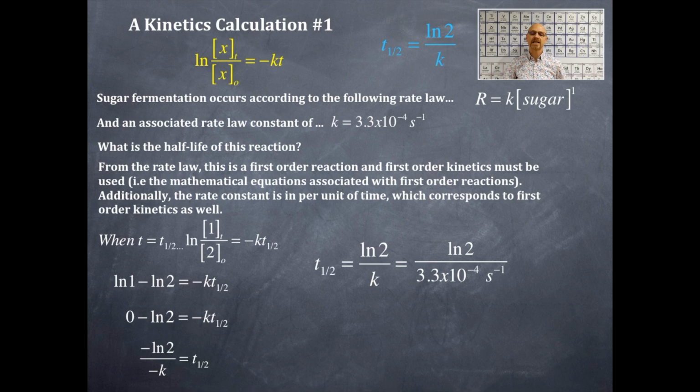So we're going to plug that number into the half-life equation. So natural log of 2 is a number, like I said, and then we got the k, the rate constant, plugged in there. Okay, and then we solve for that, and t of 1/2 is equal to 2100 seconds. I do have two significant figures there because my rate constant had two significant figures. So notice that the half-life is in time, and that's why it's seconds.